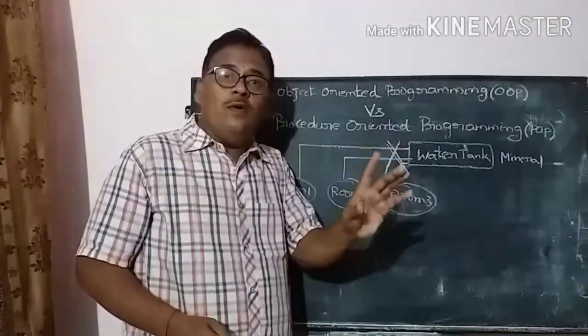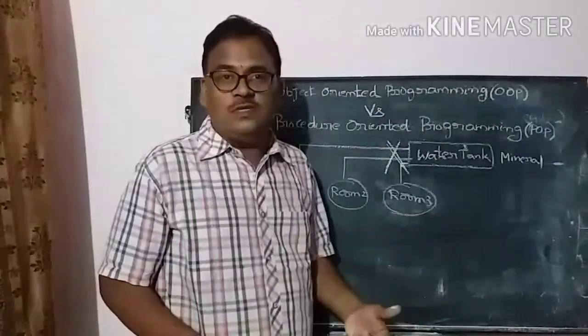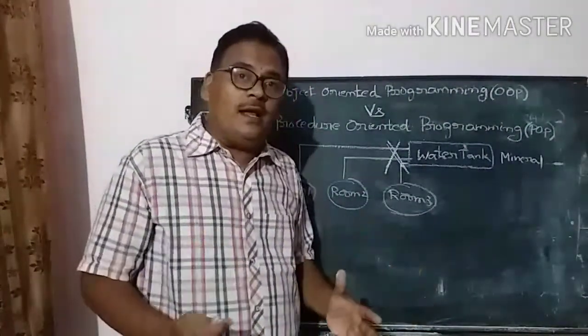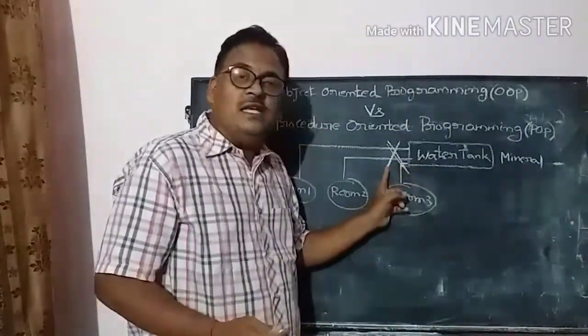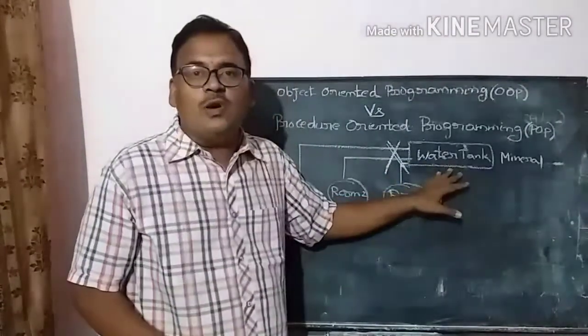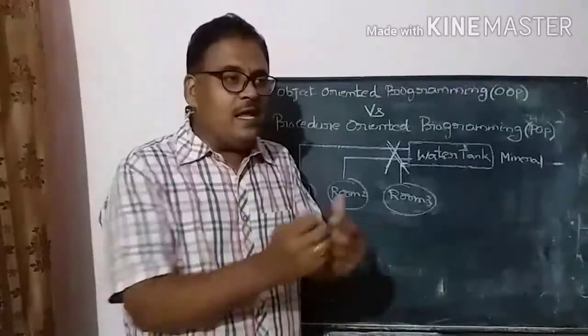In case 1, water can be freely utilized by these 3 rooms. In case 2, to avoid wastage of water, we just lock the points, these 3 points. What will happen? Water is stored in the water tank and it cannot be utilized by any persons or any rooms.